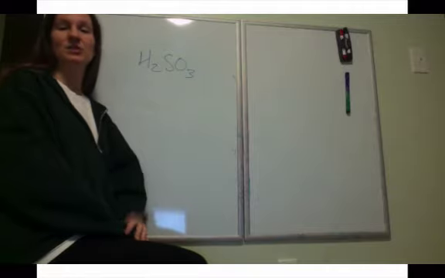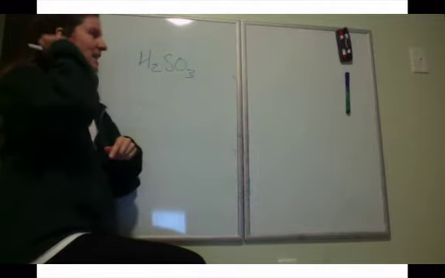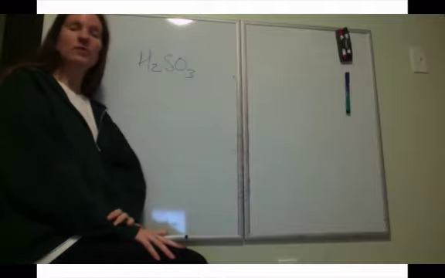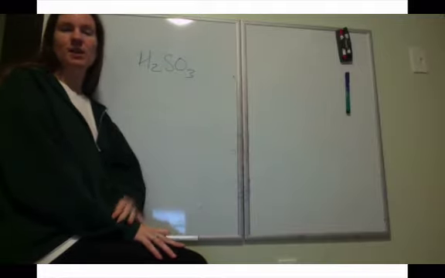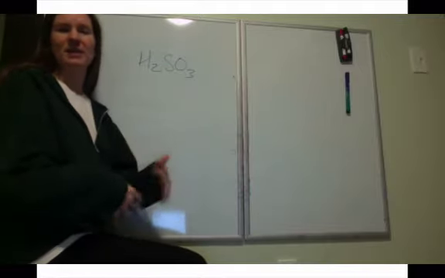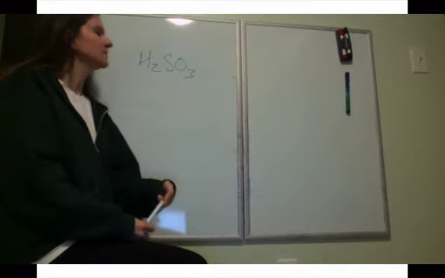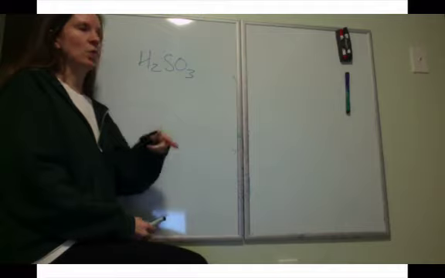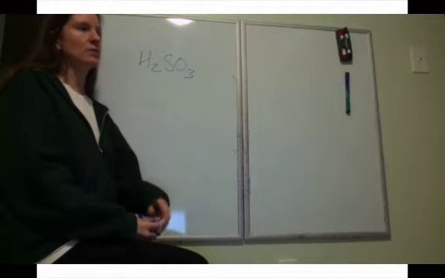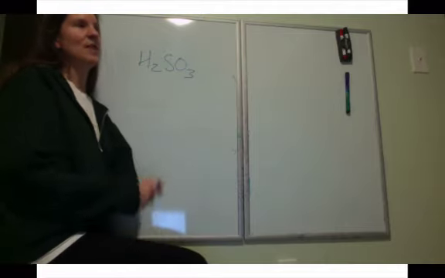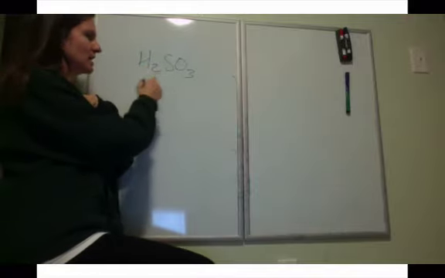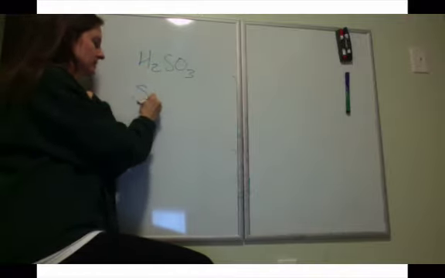In order to name an acid, you need to determine what your anion is. So SO3 is something, right? Sulfite, sulfate, hydrosulfite, some kind of sulfite or sulfate. We had to memorize SO4 as sulfate. So SO3 is 1 less than SO4, which would make the ate into an ite.